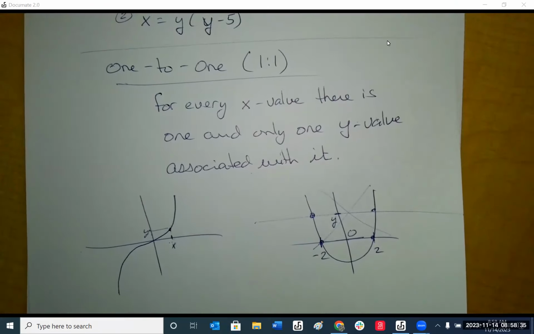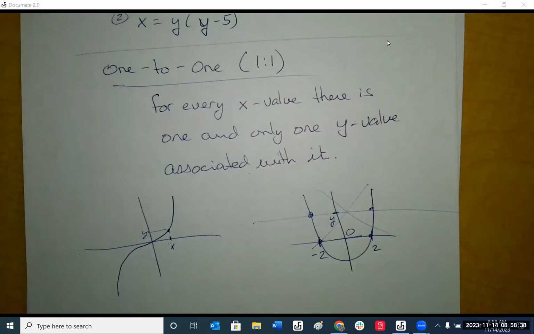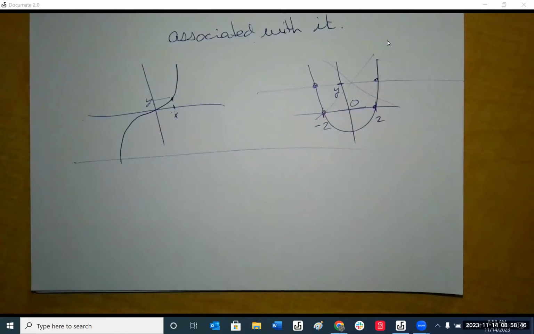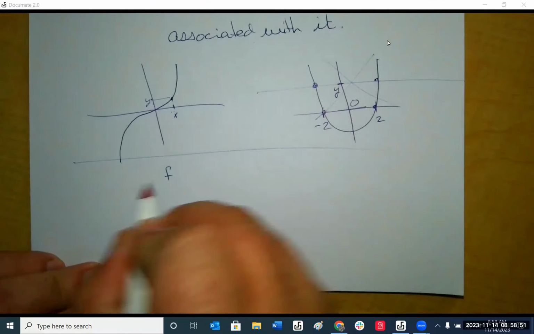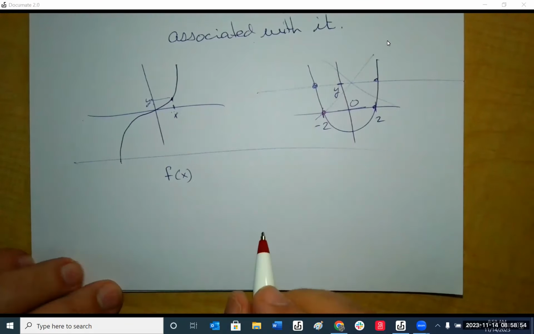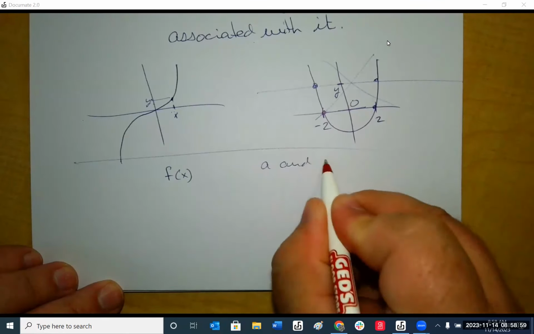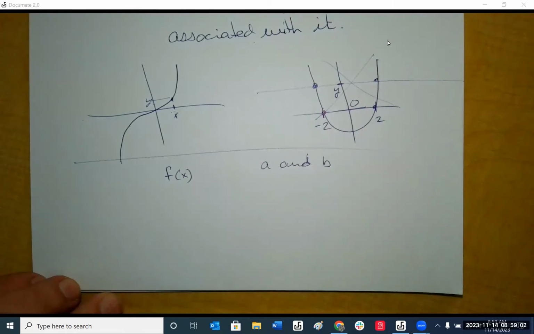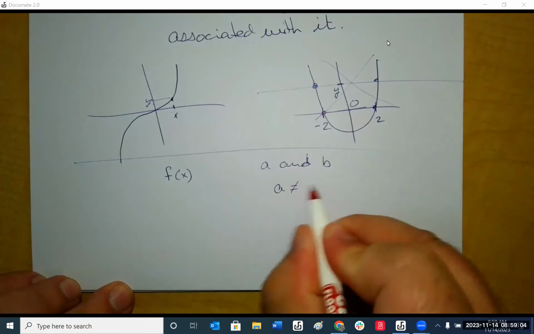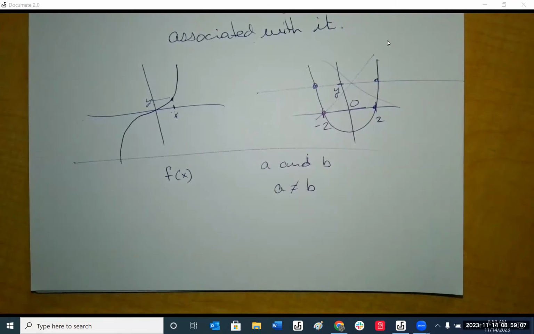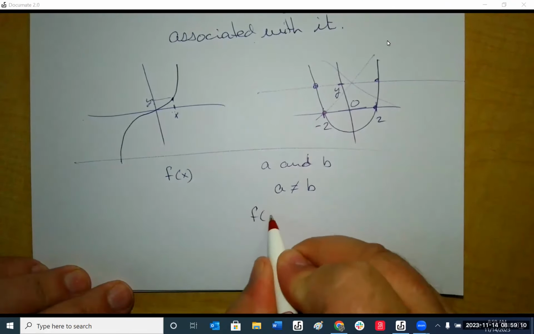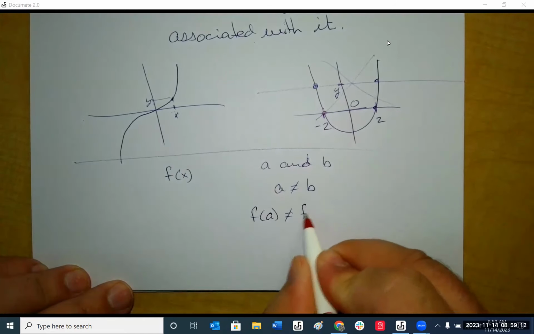Let's see what the next example is. So mathematically, how do you test something's 1-to-1 without graphing it? You have a function, f of x. Pick 2 points, a and b. If a does not equal b, then f of a cannot equal f of b.